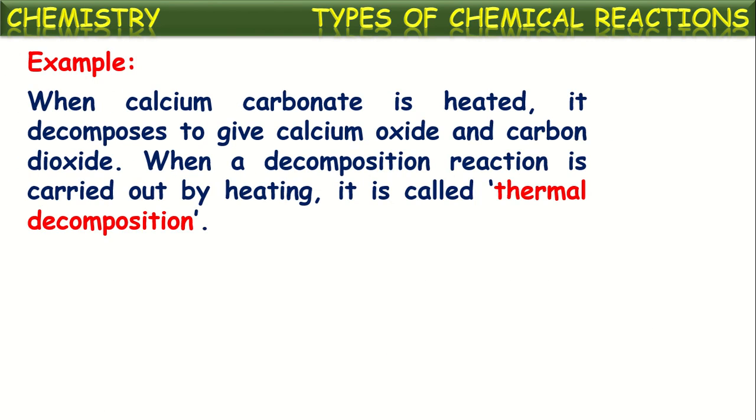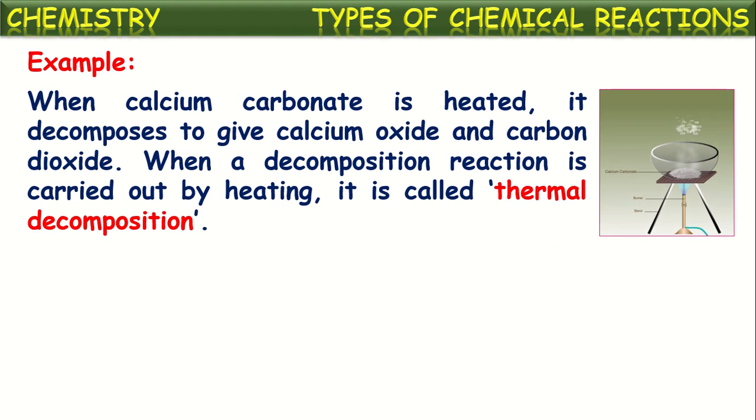For example, when calcium carbonate is heated, it decomposes to give calcium oxide and carbon dioxide. Okay, here calcium carbonate is decomposed by heating into two simpler substances. So when a decomposition reaction is carried out by heating, that reaction is said to be a thermal decomposition reaction.